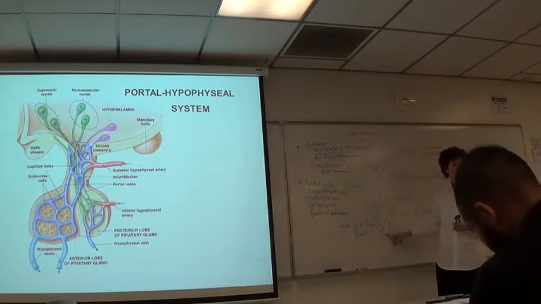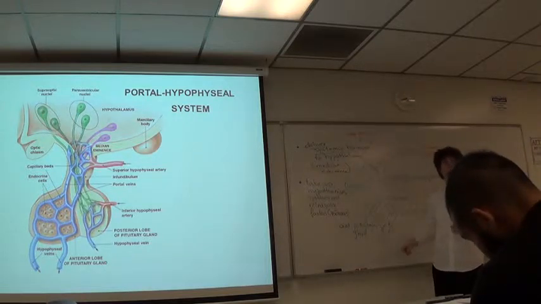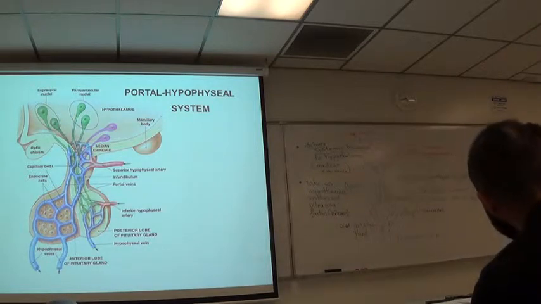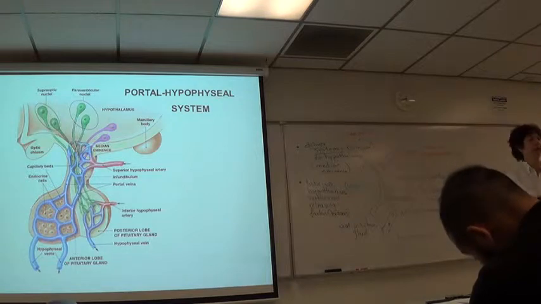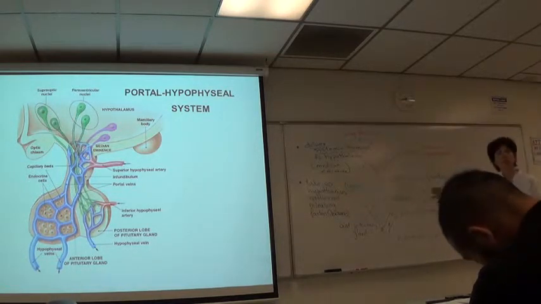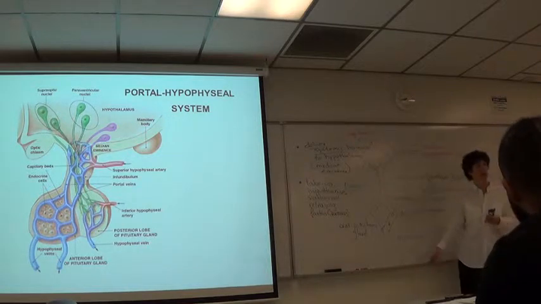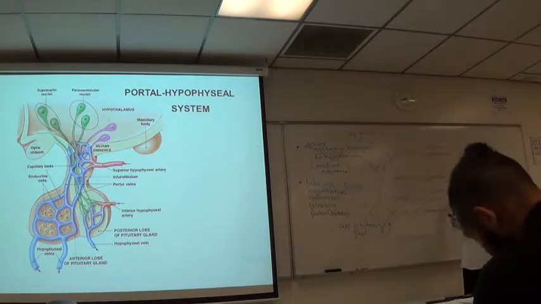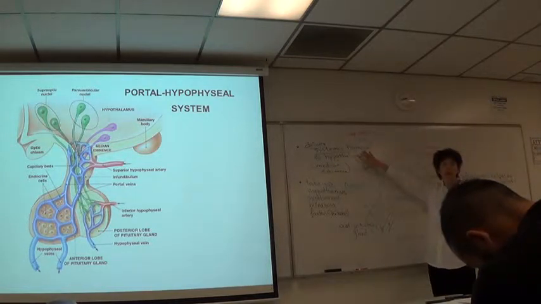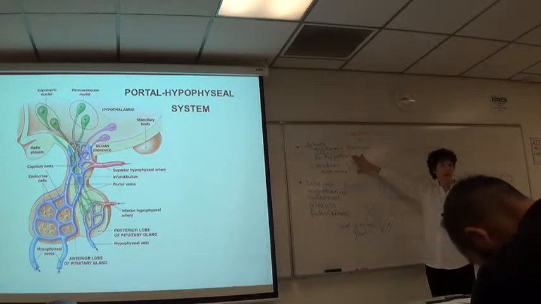Okay. And so let's look at the adrenal gland, which makes cortisol. Cortisol is a stress hormone. It also makes aldosterone, which is a salt-regulating hormone. So let's say you have low levels of cortisol, lower than you should. Coming into the superior hypophyseal artery, leaving cap bed 1 are going to be low levels of cortisol.